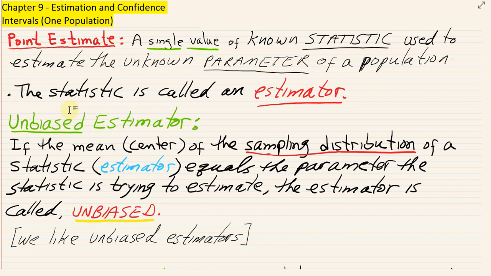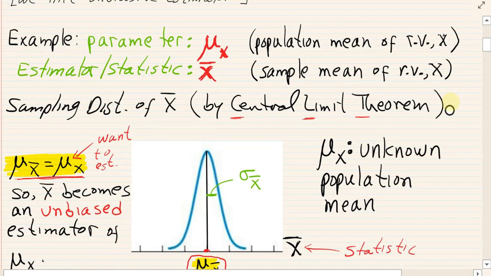If the mean of the probability distribution of the statistic is the population parameter we want to estimate, we call that statistic an unbiased estimator. And we would like to have unbiased estimators. The biased estimators are those whose center of the sampling distribution is not the parameter we're trying to estimate.